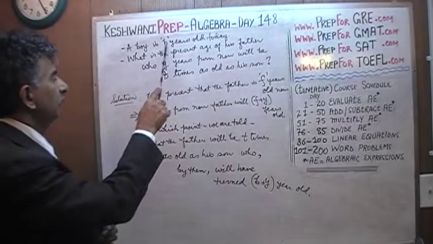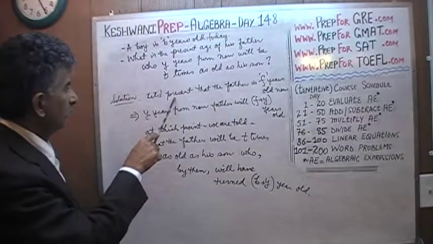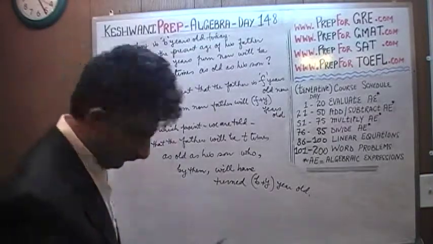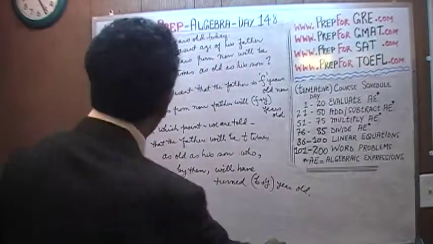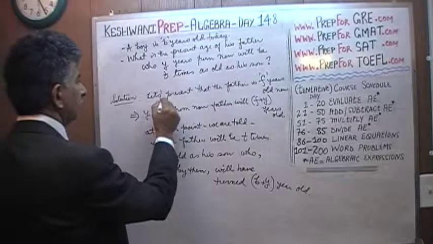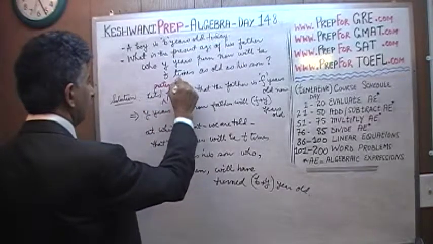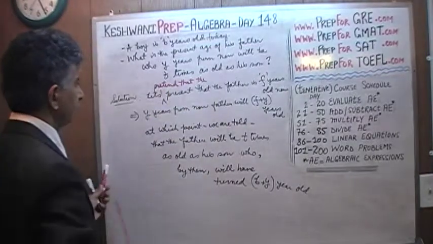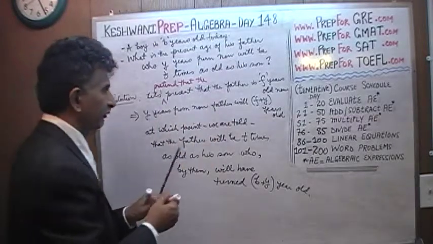We are told that the boy is B years old. We are pretending. It should say let's pretend, because that's what we're doing. We're pretending. We're plugging in. Let's pretend that the present age of father is F years.